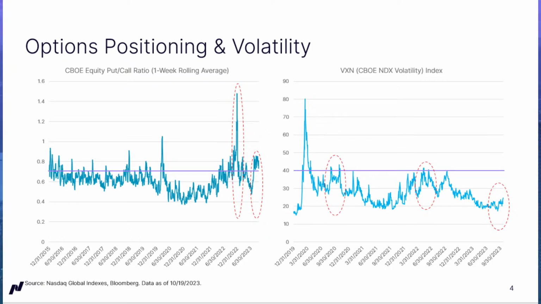What I've outlined here in the purple is a level of 40, and we've breached that level a few times in the last few years post-pandemic. There were a couple spikes in volatility, but we've been on a pretty nice downward trend for most of the end of 2022, most of 2023. Recently, a bit of a tick up. We're nearing back towards 25 as opposed to hovering around 20.